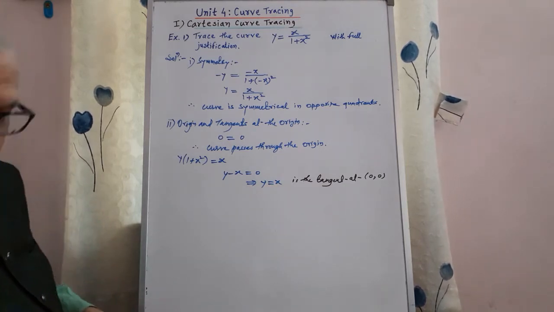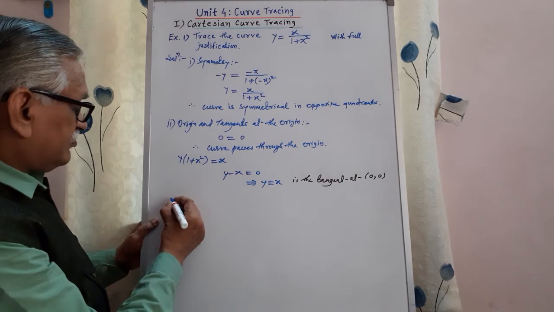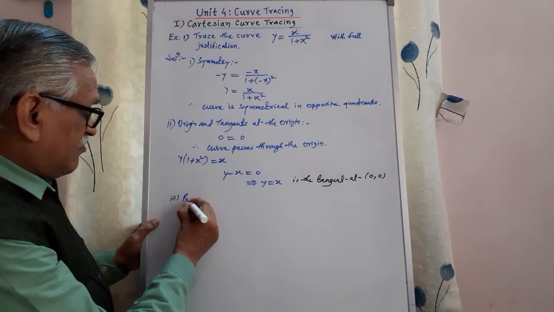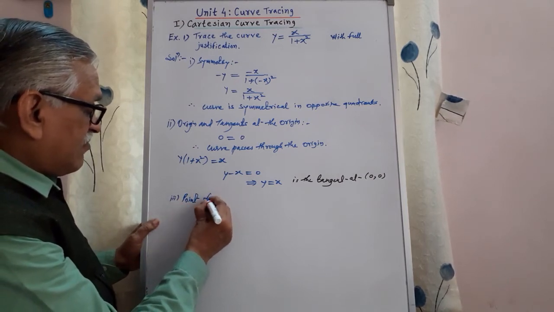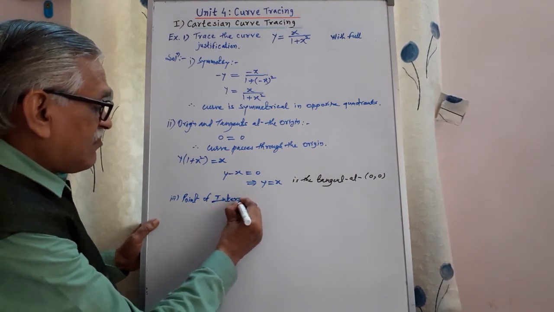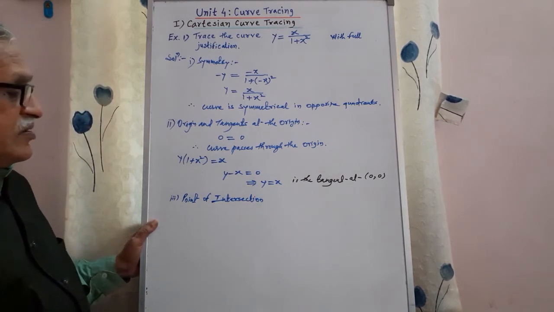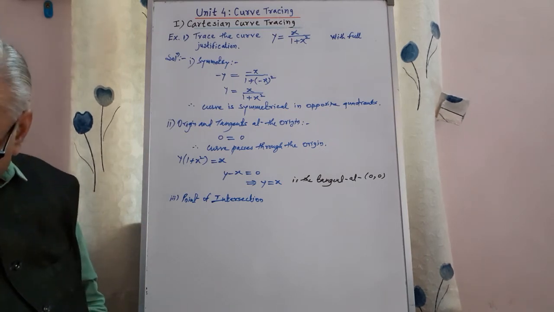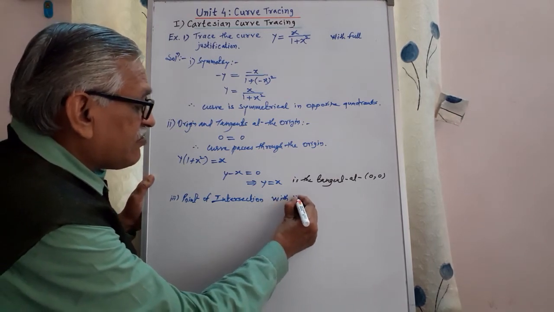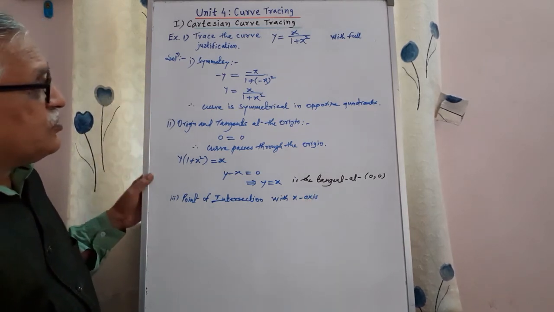And then third point, point of intersection. Point of intersection with x-axis. Put y equals to 0.